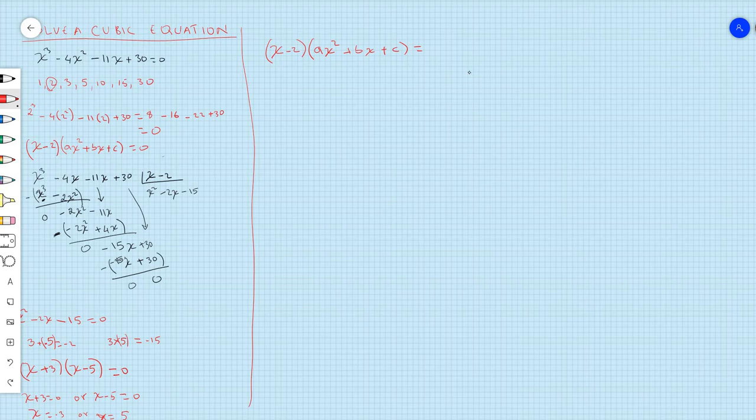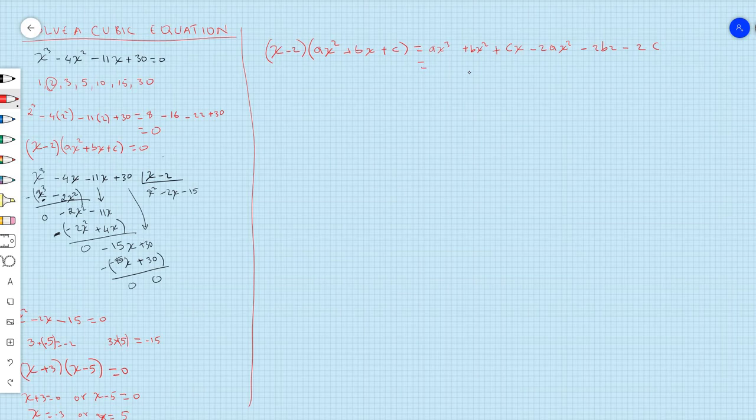So let's go ahead. X times ax squared, that's ax cubed. X times bx, that's bx squared. X times c, that's cx. -2 times ax squared, that's -2ax squared. -2 times bx, that's -2bx, and -2 times c is -2c. Right.